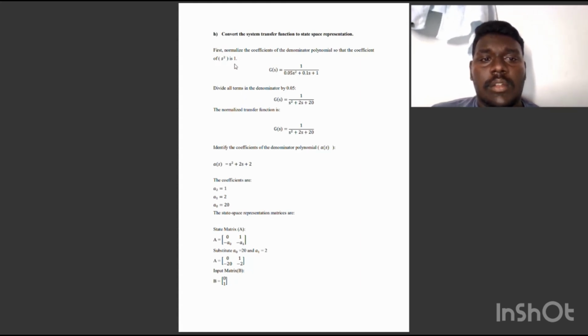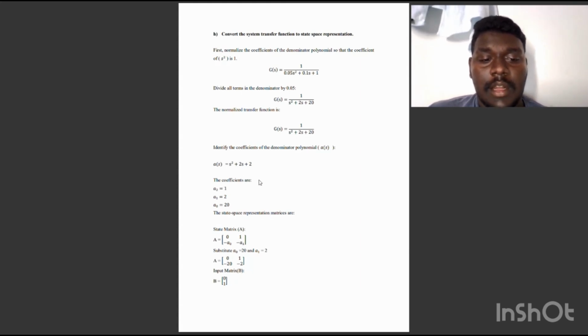To make the denominator polynomial monic, we divide all terms in the denominator by 0.05, and we get the normalized transfer function 1 over s squared plus 2s plus 20. Then we identify the coefficients of the denominator polynomial, which is s squared plus 2s plus 20.